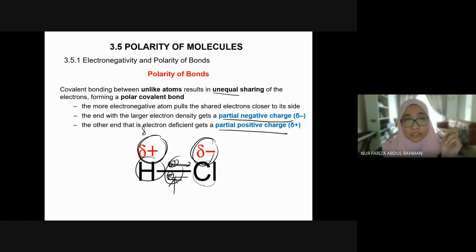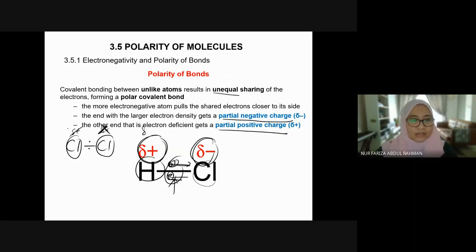It is because they have different electronegativities. Imagine if we have Cl and Cl, guys. Since Cl and Cl have the same electronegativity, they share the electrons equally in the middle. So there will be no poles here, no partial positive or partial negative.